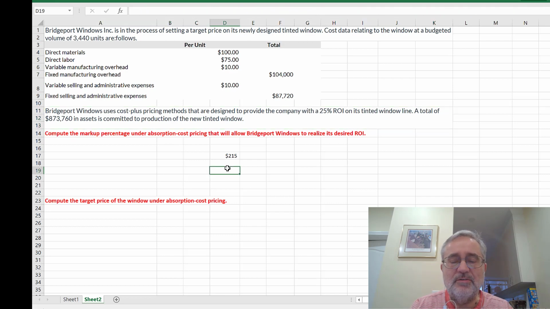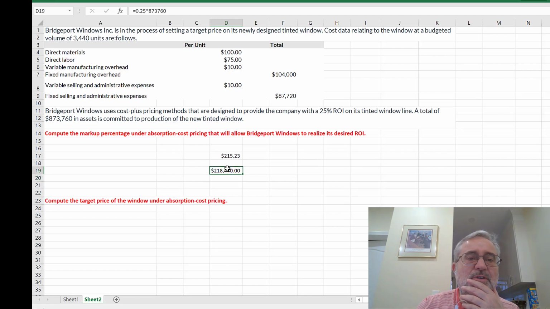Our return on investment is going to be 0.25 times the 873,760. This is the return on investment in terms of net income, but we want to use this calculation on a per unit basis. So we divide this by 3,440 units, and we get $63.20.